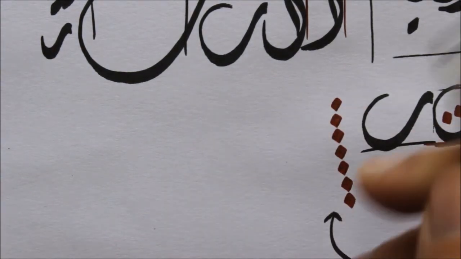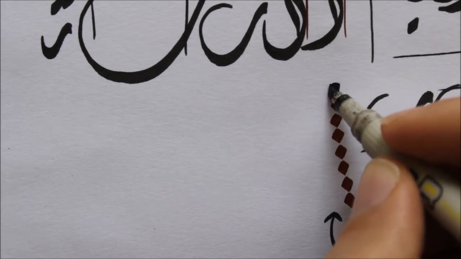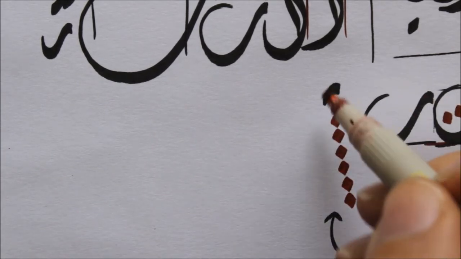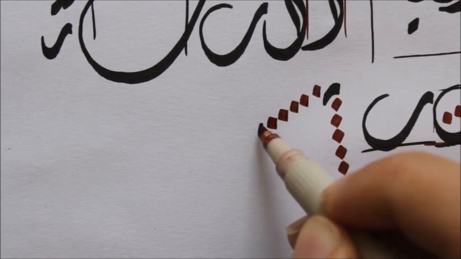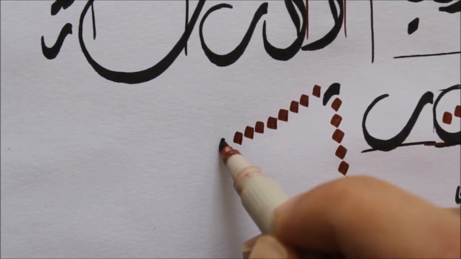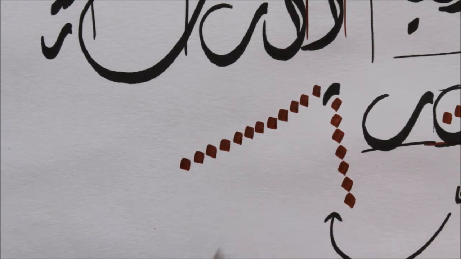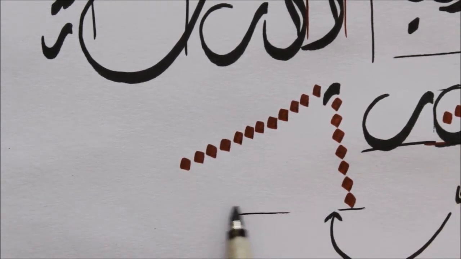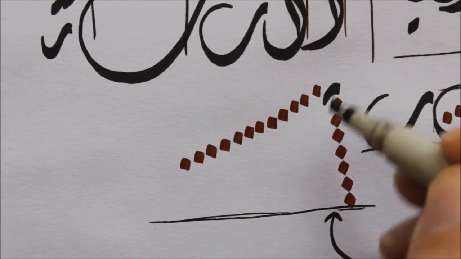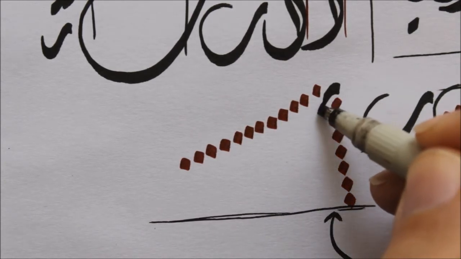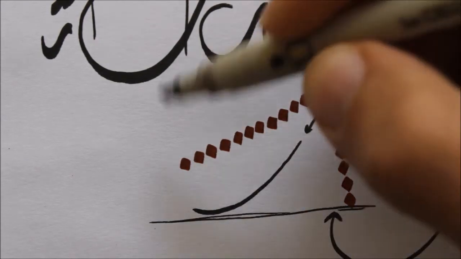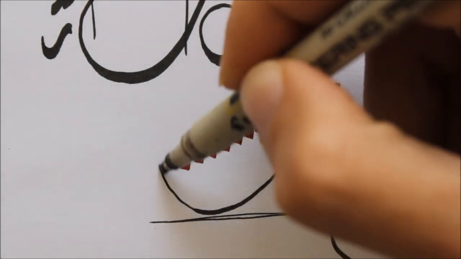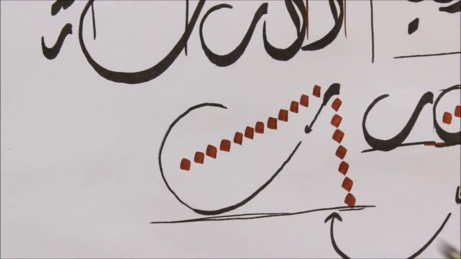So if you started with the first move here, now here you've got 1, 2, 3, 4, 5, 6, 7, 8, 9, 10, 11, 12. Now, as you can see, this bar will rotate, go down, then start rotating the other way around, and we'll finish here.